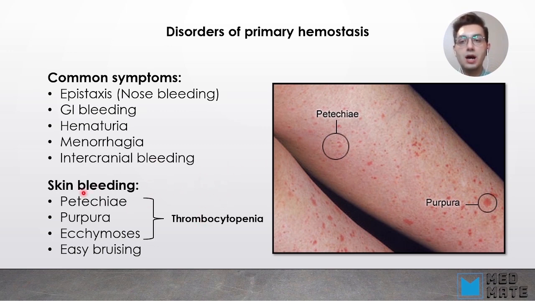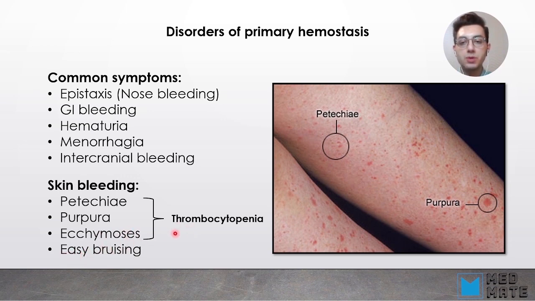thrombocytopenia. Now, when we are talking about ischemic bleeding, normally we have these three formations of ischemic bleeding. The first one is petechiae, and you can see it here. This is the smaller form, with an almost rash-like appearance. The second one is purpura, which is a little bit larger, and the last one is ecchymosis, and they are larger than purpuras.